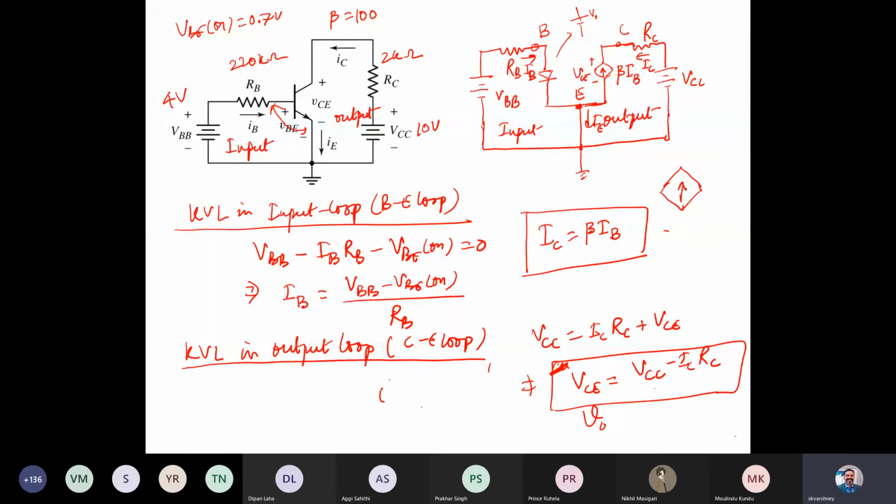What we have to calculate, I'm writing here: IC, IB, VB, VC, VE, IE, and VCE, the output voltage. Let's obtain all the current values and all the voltage values for this circuit.